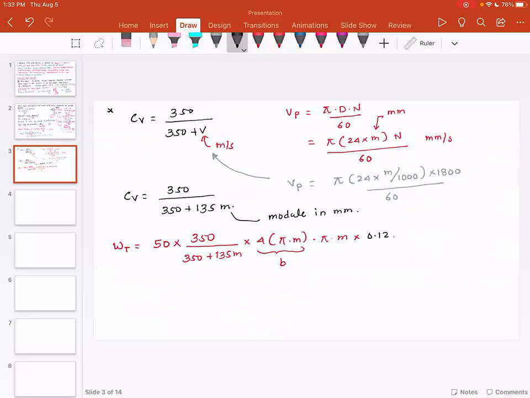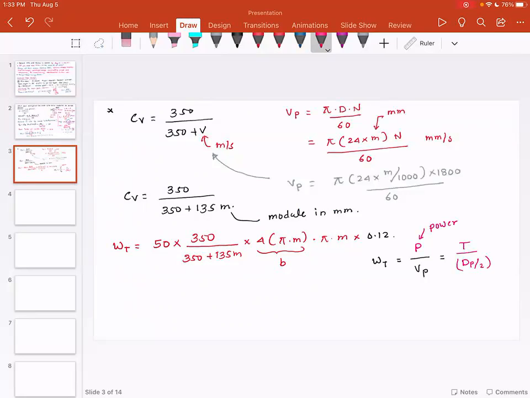So now we need to find out the value of Wt. Wt can be found out two ways: torque divided by Vp, or sorry, power divided by Vp, or torque divided by diameter of the pinion divided by 2.